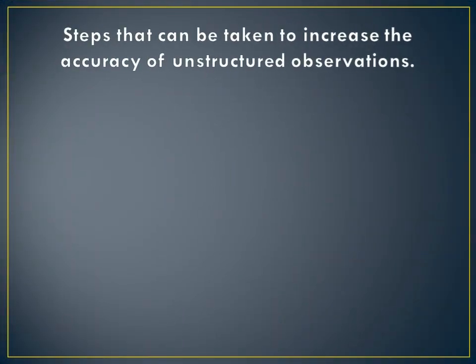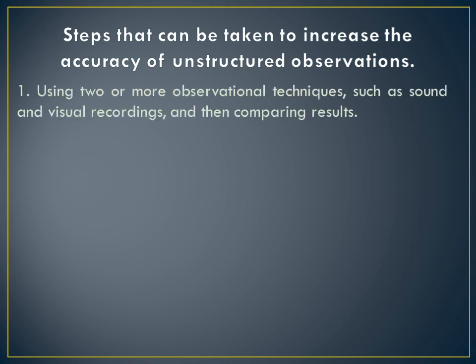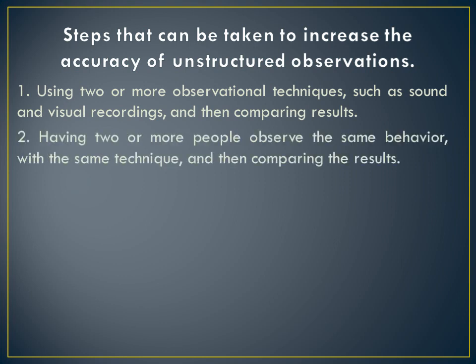Steps that can be taken to increase the accuracy of unstructured observation. First, using two or more observational techniques, such as sound and visual recordings, and then comparing results. Second, having two or more people observe the same behavior with the same technique and then comparing the results.